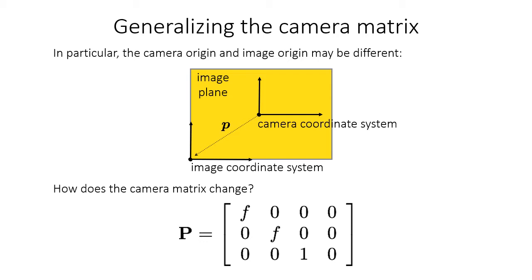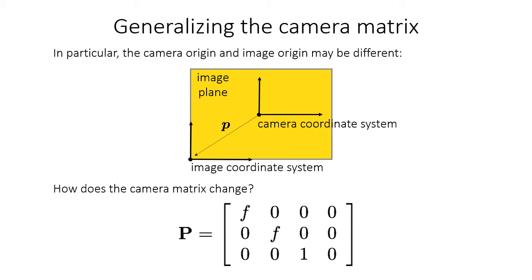Our goal is just to use the image, so our derivation should be summarized in the image coordinate system, but the projection center is defined in the camera coordinate system. So we moved that origin from the camera coordinate system into the image coordinate system.